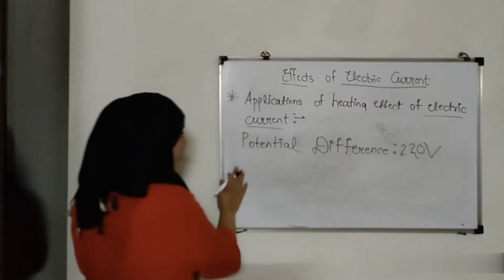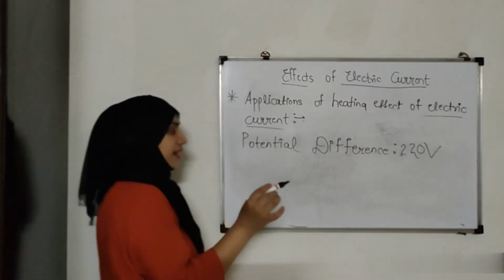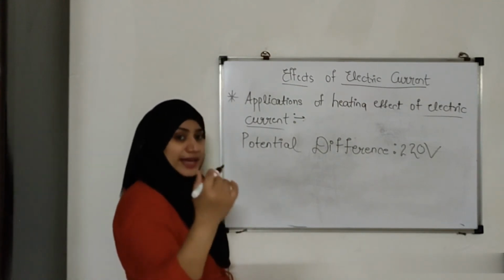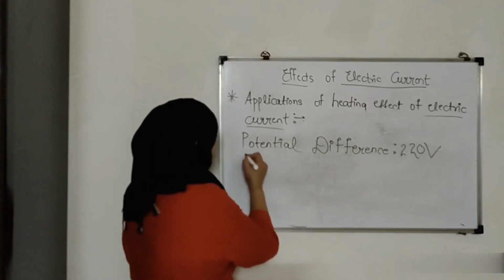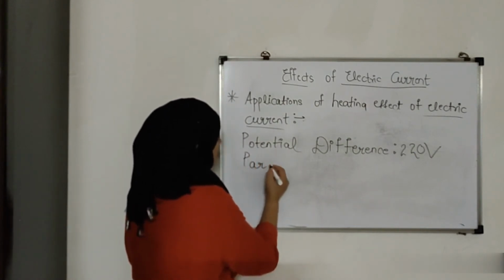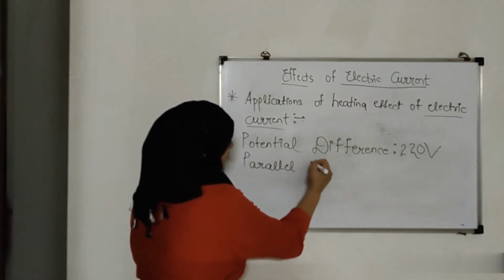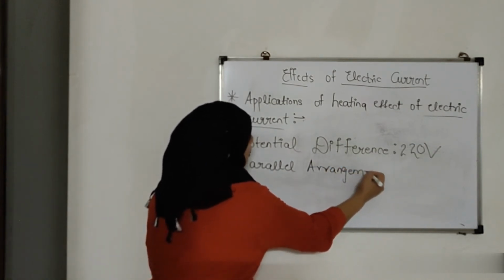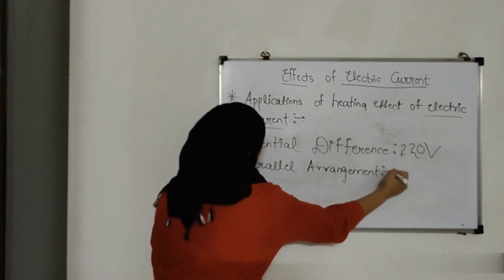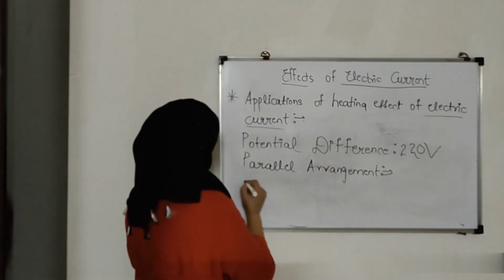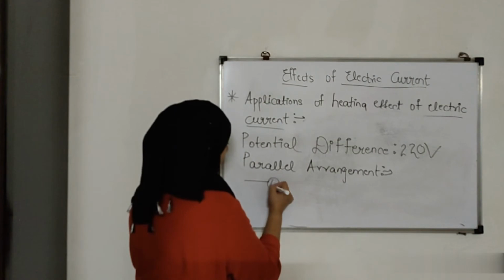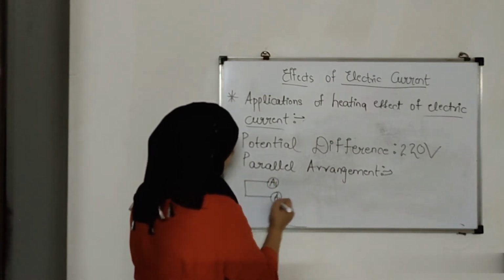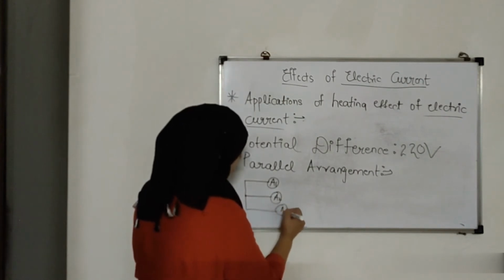Okay, now it's better to place our electric appliances in parallel in a circuit. Why do we prefer parallel arrangement? Suppose I have this as my one appliance, this is my second appliance, and this is my third appliance.